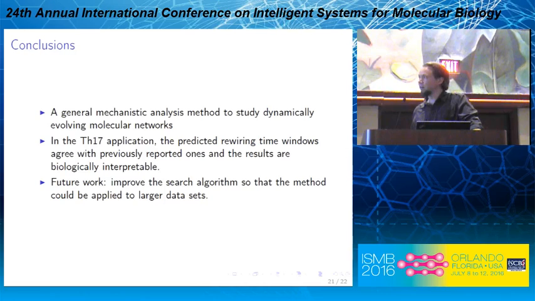And all in all, the results are biologically interpretable. In the future, it would be very nice to improve the search algorithm over the model space so that we could also apply this method to larger data sets.